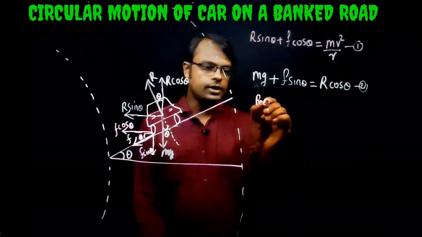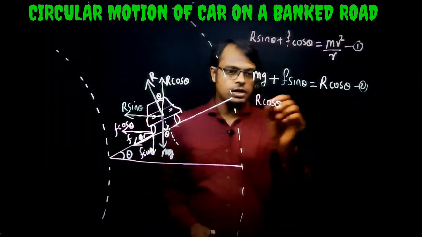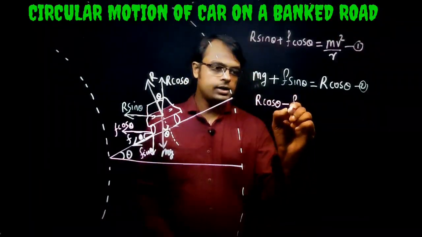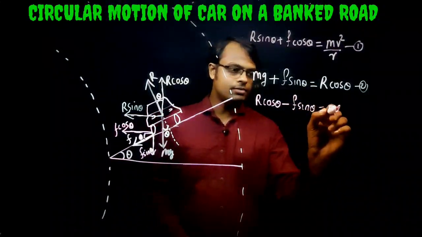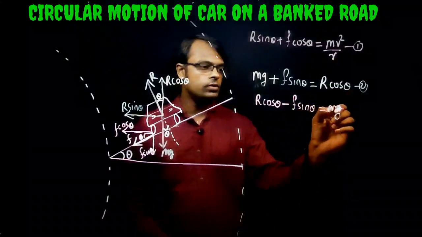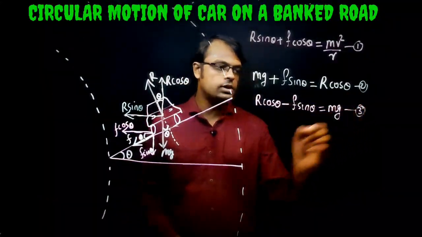We can rearrange this as R cos theta minus F sin theta is equal to mg, equation number 3.